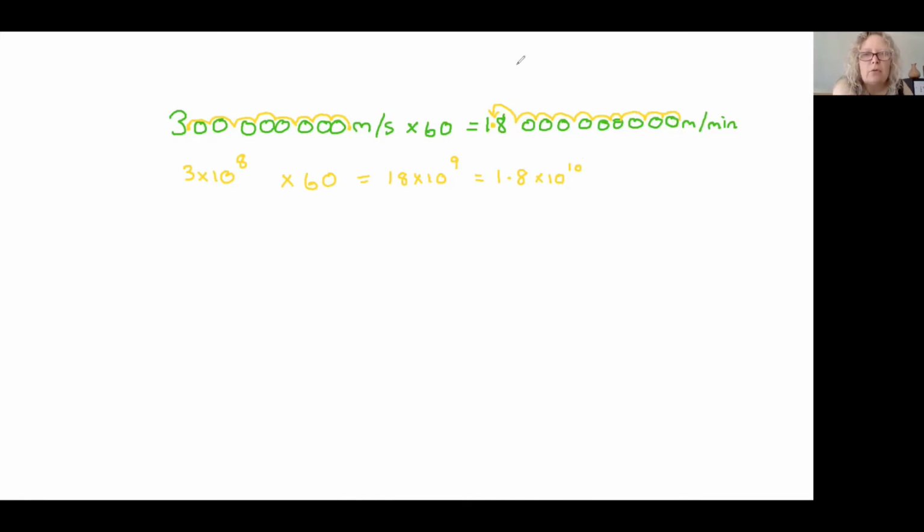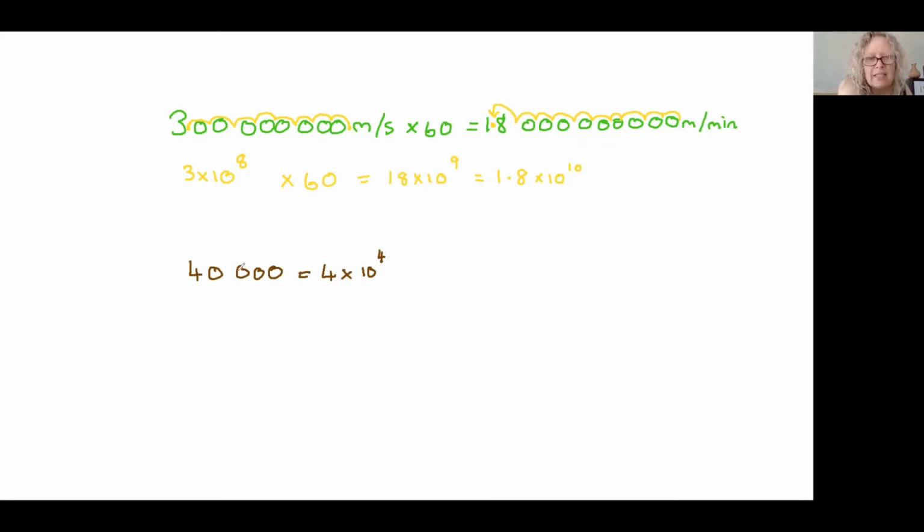Do some examples for you. All right, let's write the number 40,000 in scientific notation. So we start here and we count back to the 4. 1, 2, 3, 4 places. So that is 4 times 10 to the power of 4. And just to show you, this is nothing magical. This is real.